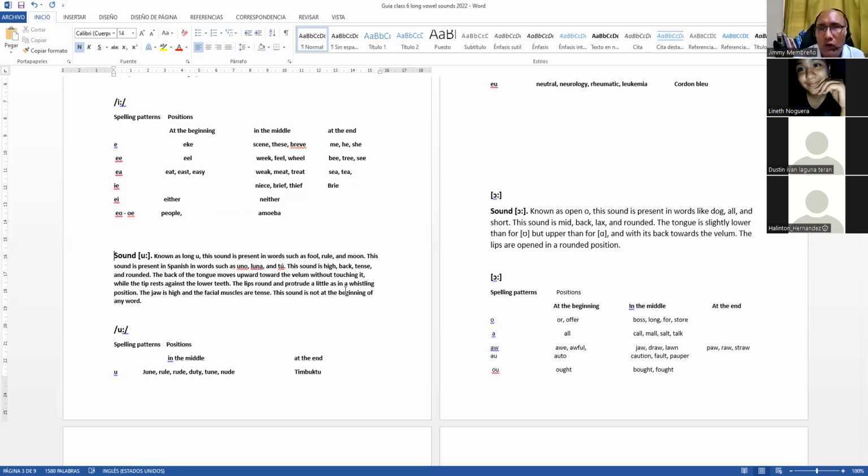So it's known as the long oo sound, and this sound is present in words such as fool, rule, and moon. Ooh, okay. This sound is present in Spanish in words such as uno, luna, and tú. Okay, so we have this sound in Spanish, so it's easy for us to pronounce it.